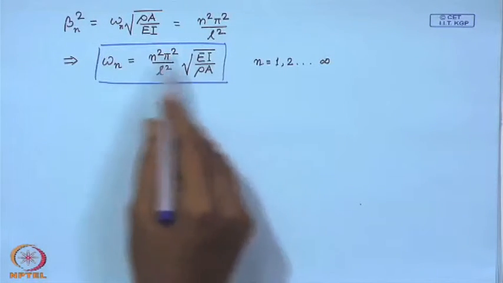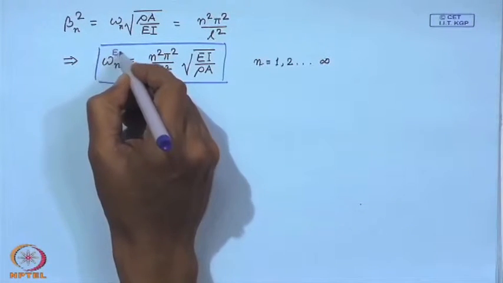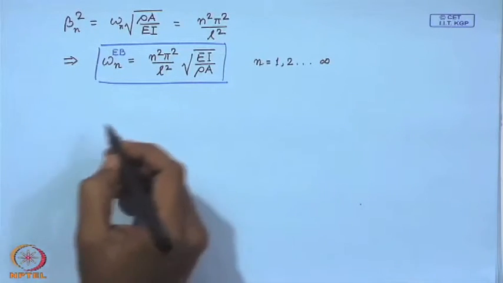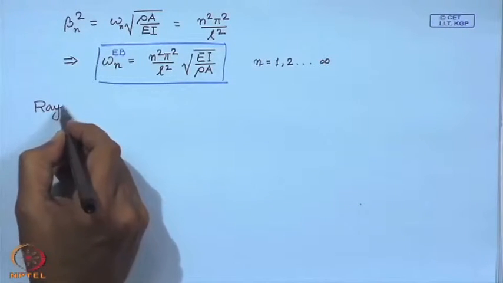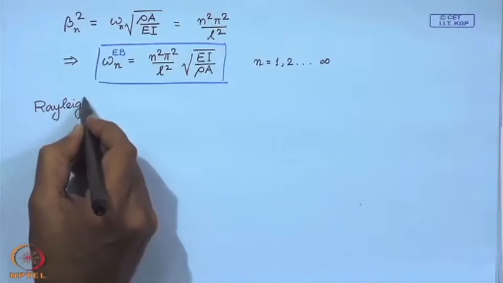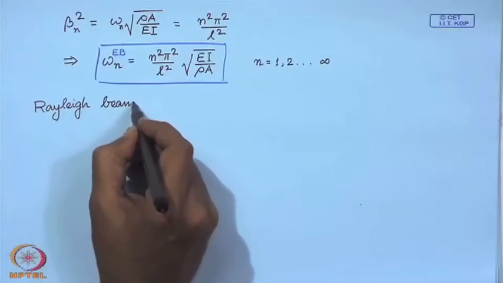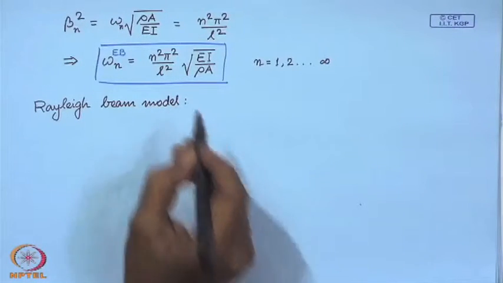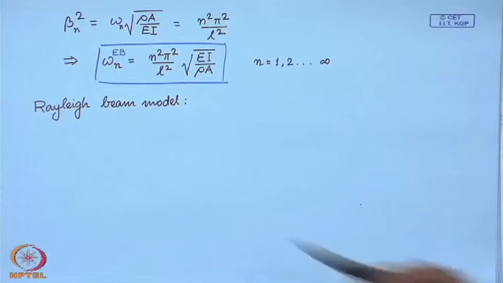Now, this is for the Euler-Bernoulli beam. Now, if you look at the differential equation of the Rayleigh beam model, then the differential equation of the Rayleigh beam model reads as follows.